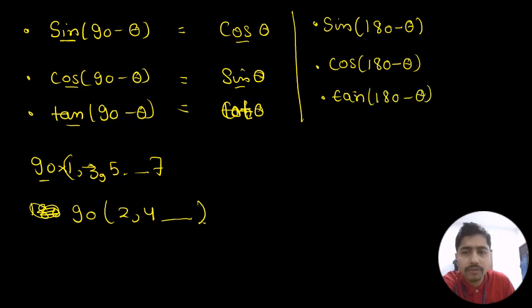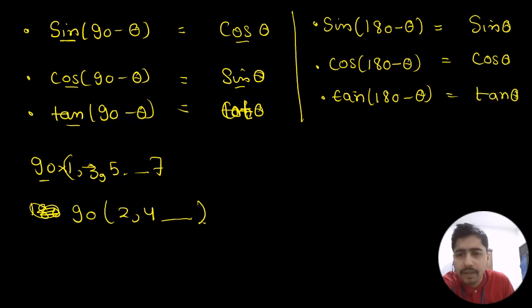This is for the second quadrant. So sine of 180 minus theta will be sine theta, cos of 180 minus theta will be cos theta, and tan will be tan theta, but the sign matters: in the second quadrant sine is positive and the rest are negative, so we take the positive sign for sine.